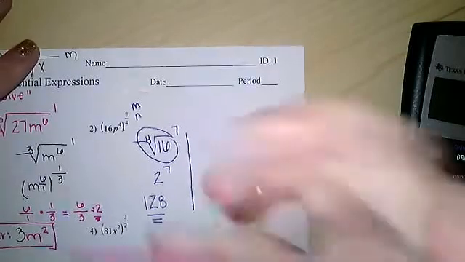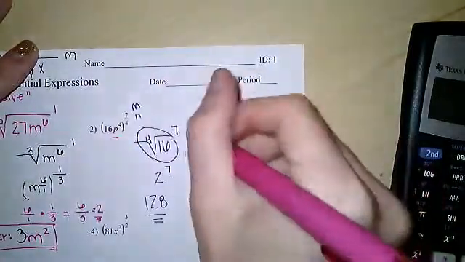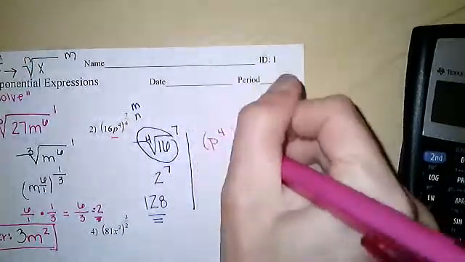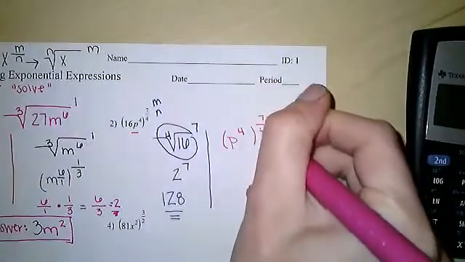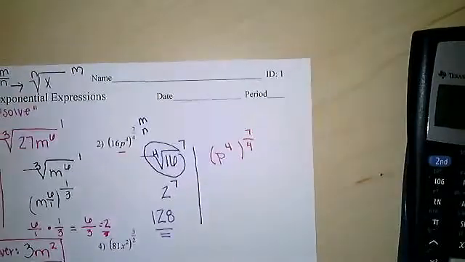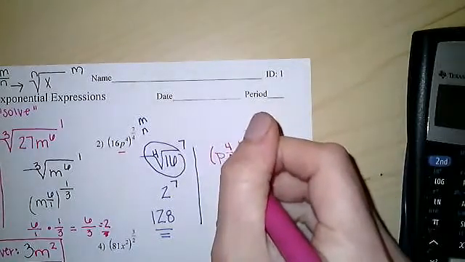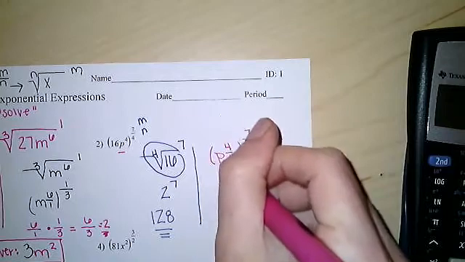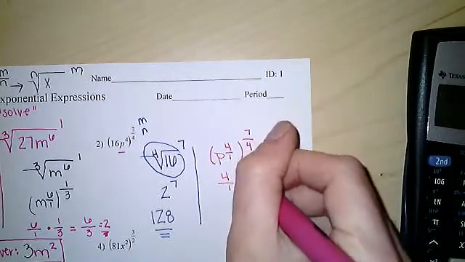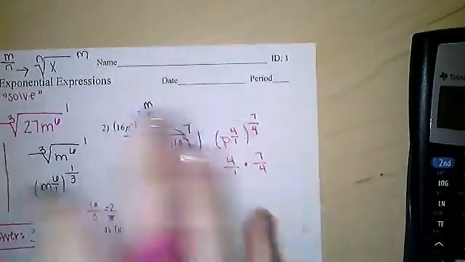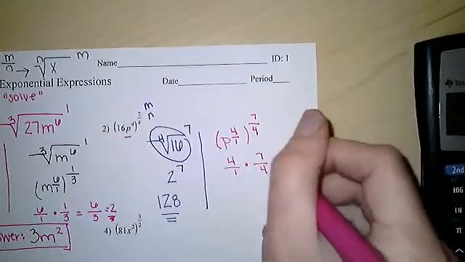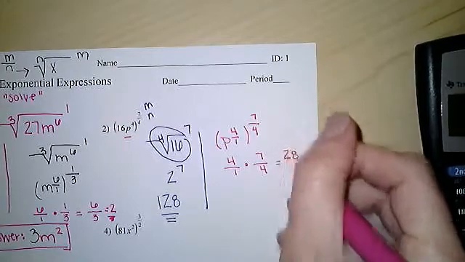For the second part, we're just going to use our variable with our exponent. We're going to bring our parentheses, and we have that 7 over 4. Put our 4 over 1. And to find our new exponent, we're going to multiply the two exponents. So we'll do 4 times 7 is 28.